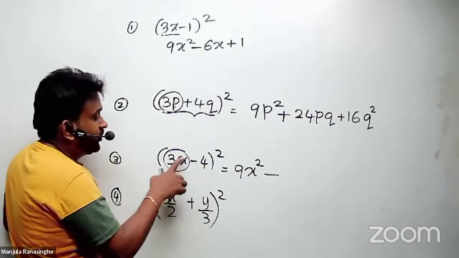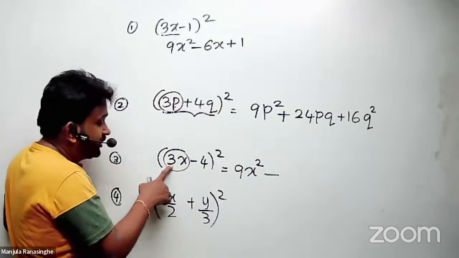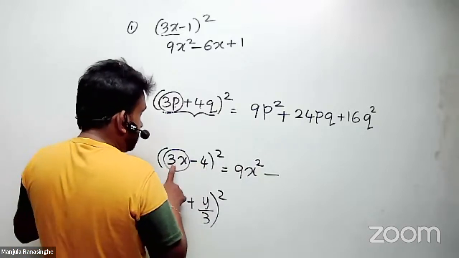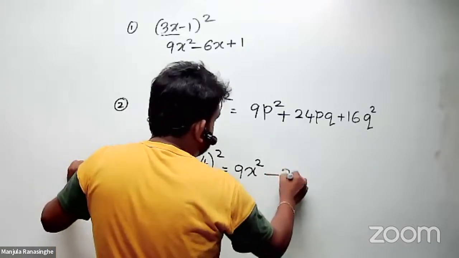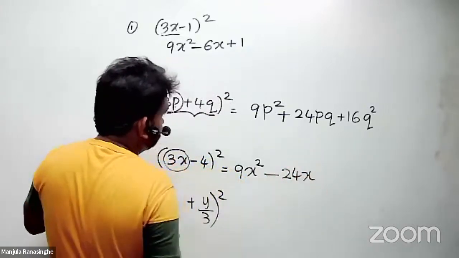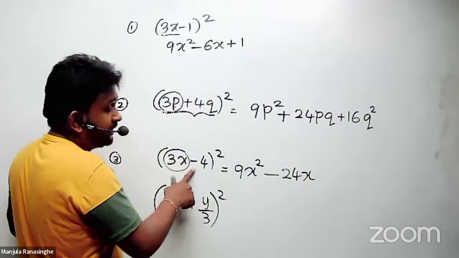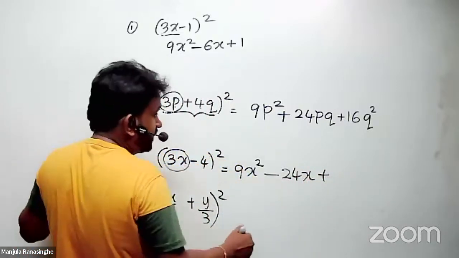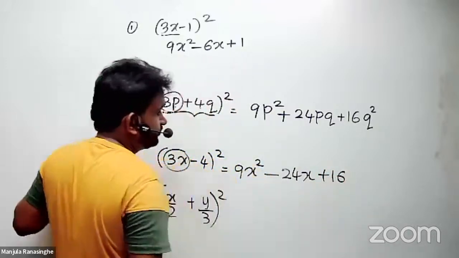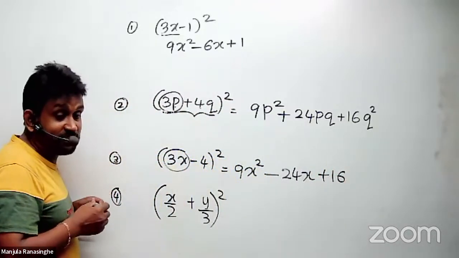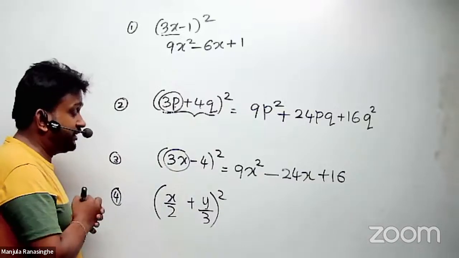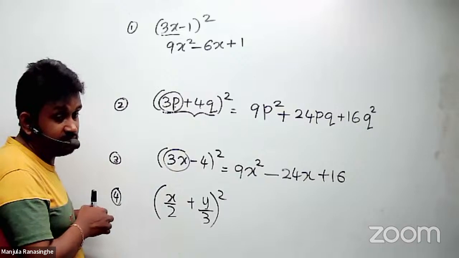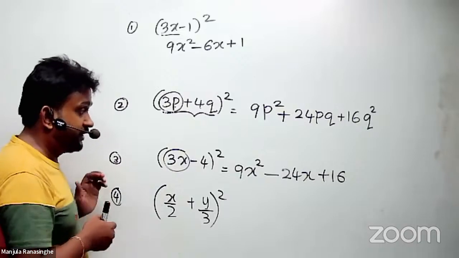Product is 4 into 3, 12x, twice that is 24x. Plus the last term squared, 4 squared is 16. So those who got the answer 9x squared minus 24x plus 16. Okay.